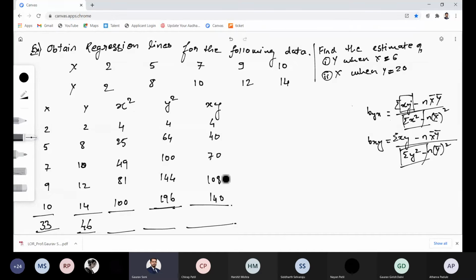What are the summations? Yes, Chirag, tell me the summation.